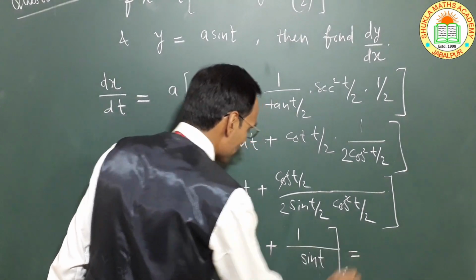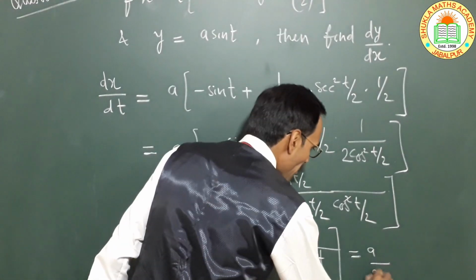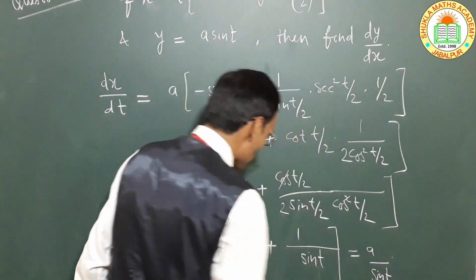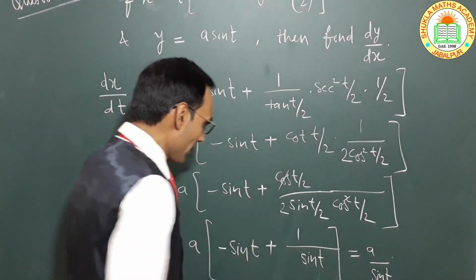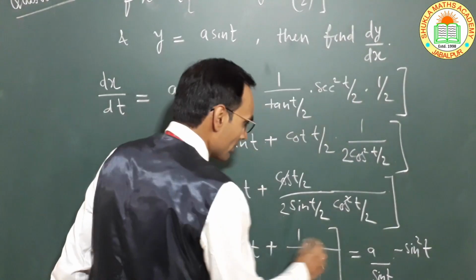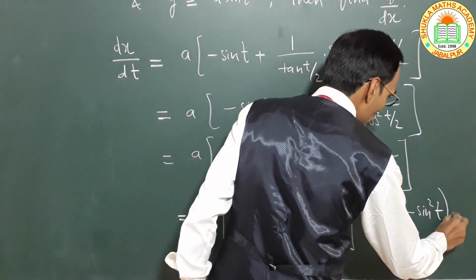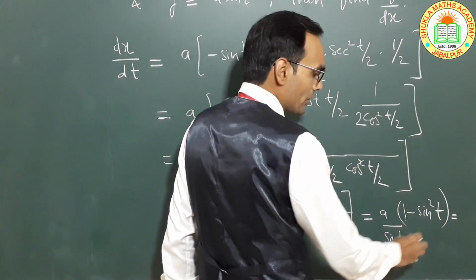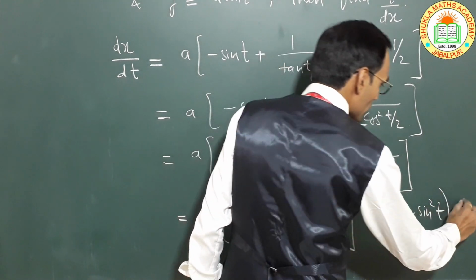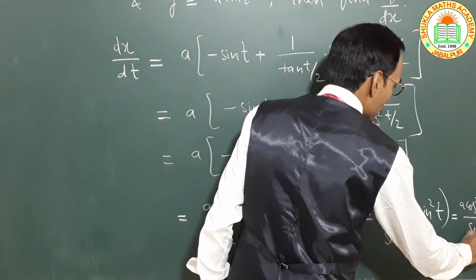So we can write this as a upon LCM sin t into minus sin square t plus 1, so it is 1 minus sin square t. 1 minus sin square t is cos square t, so it is a cos square t divided by sin t.